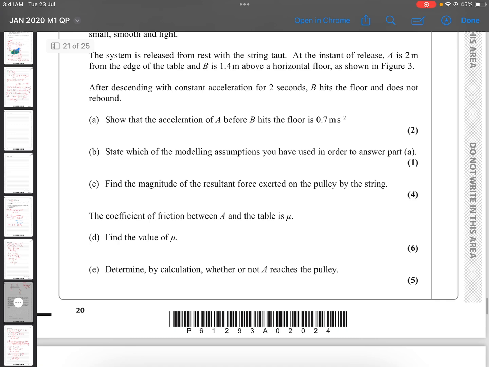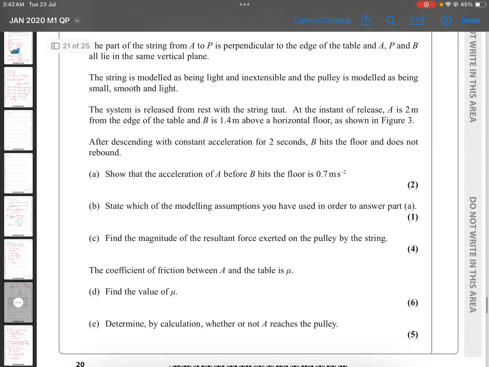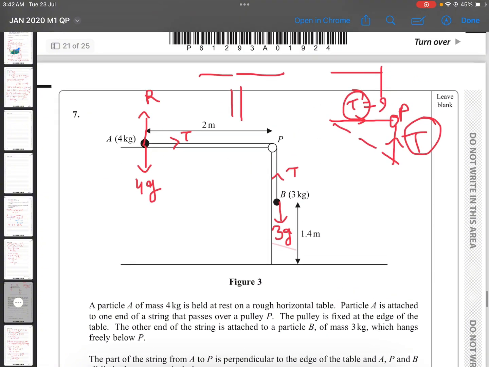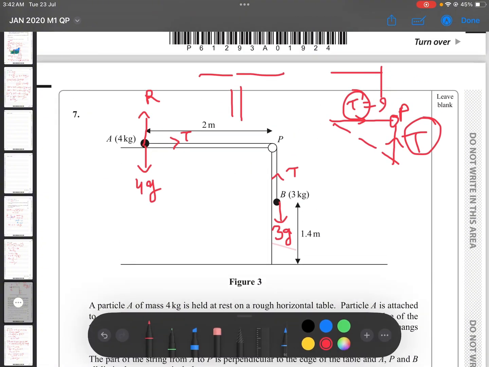Now part D states that the coefficient of friction between A and the table is mu. Find the value of mu. As it's related to the table, now we will consider particle A. Now considering particle A, as there is tension and A is initially in equilibrium, the friction must be acting opposing it, so to the left.